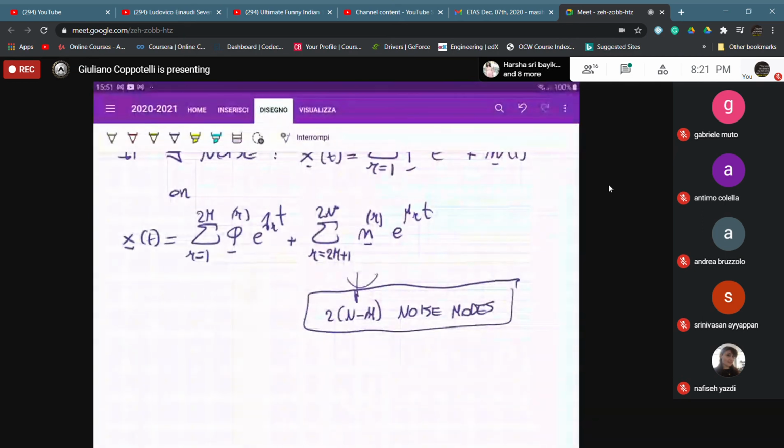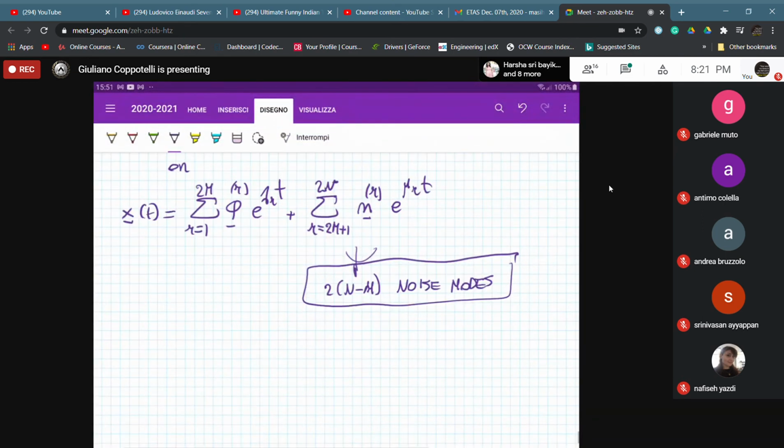Okay, so one way of solving for this noise issue is to increase a lot the dimensions of the numerical model.